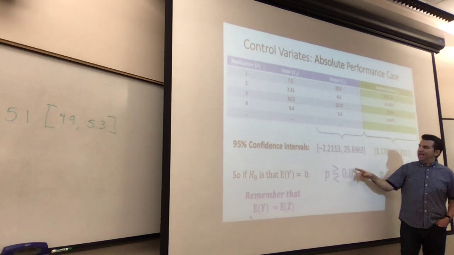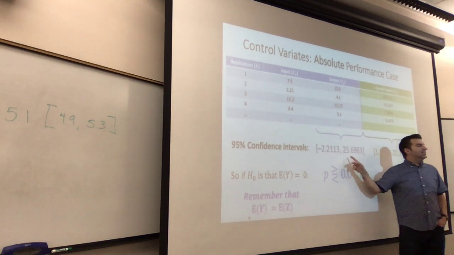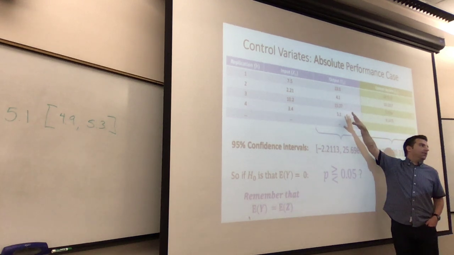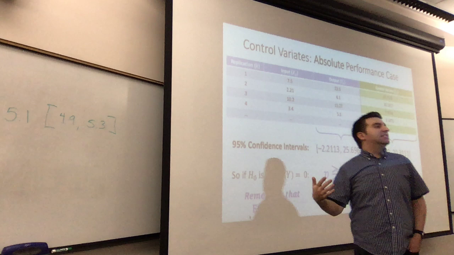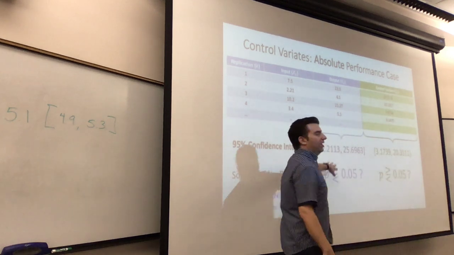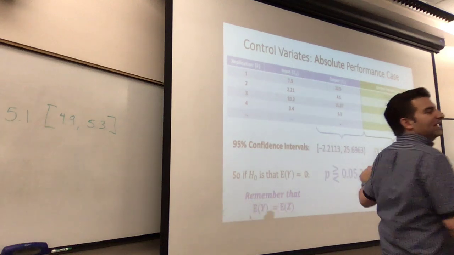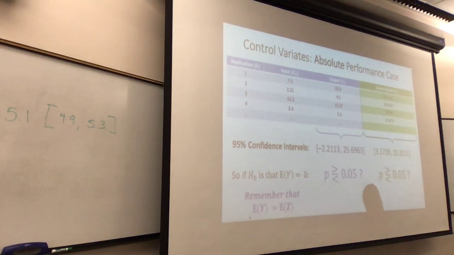So here, if I see that 0 is in the confidence interval, that means I cannot tell the difference between this output and 0, which means I cannot reject the null. So that means that P is greater than 0.05 in this case. So when the null is in the confidence interval, your p-value is greater than your significance level.